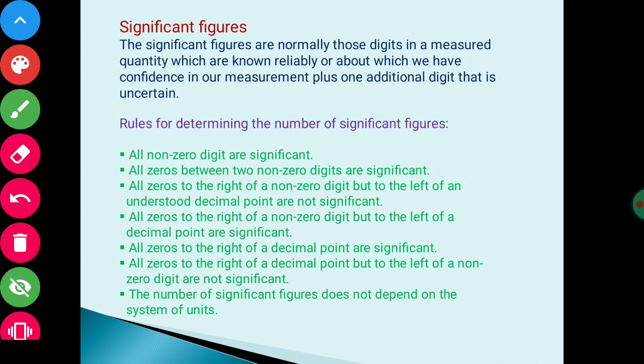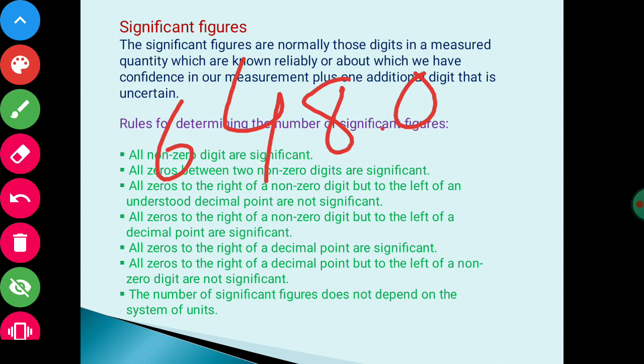Now next, all zeros to the right of a non-zero digit but to the left of a decimal point are significant figures. In the previous rule there was no decimal point; in this one there is a decimal point. Like 648.00.